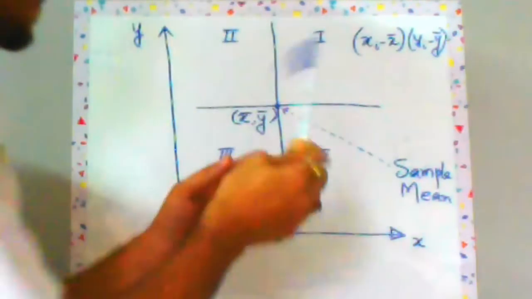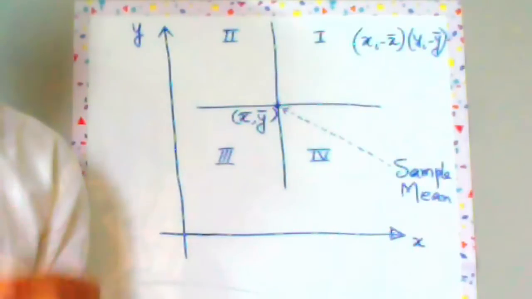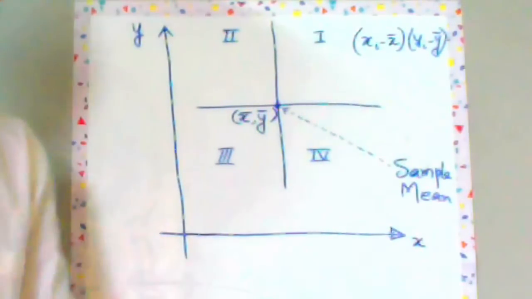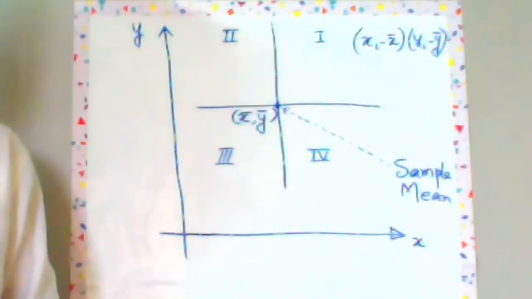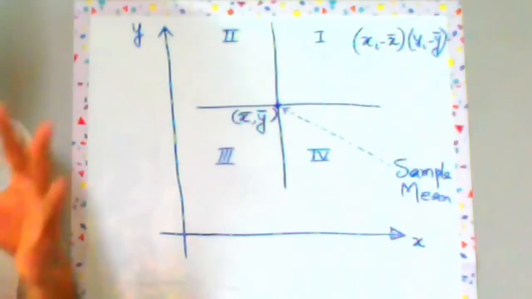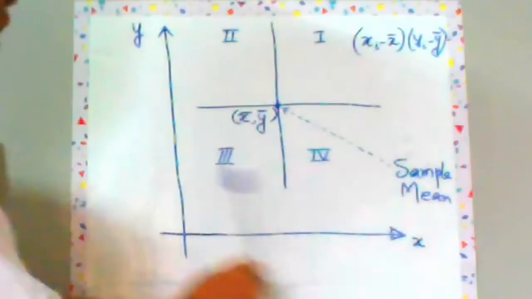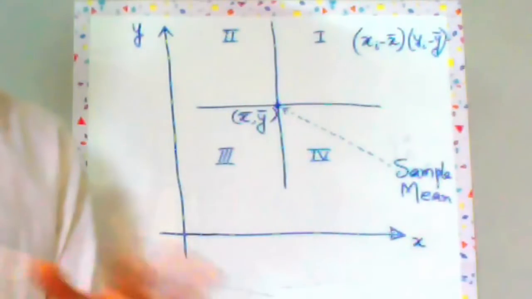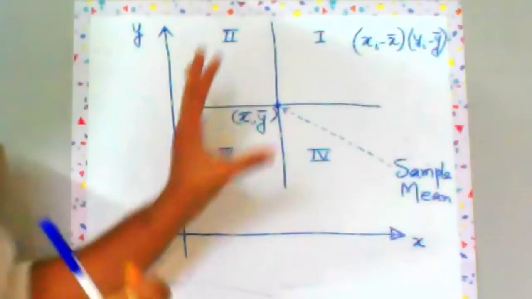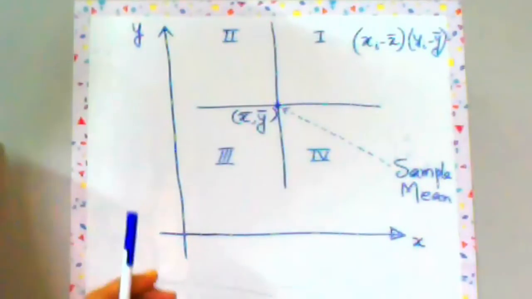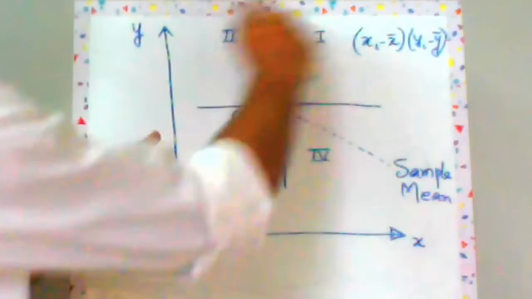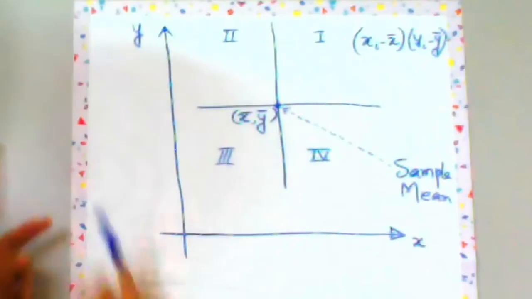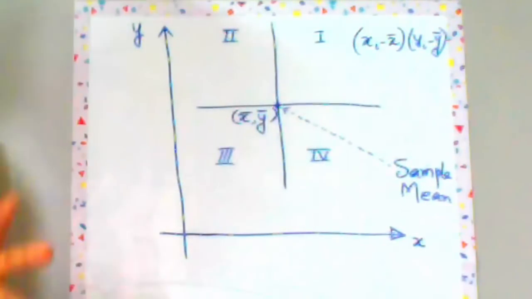And if you come here, both x and y are lesser than their means. And over here, x is greater than its mean, but y is lesser than its mean. This is a kind of quadrant division in your xy system. But this is not a normal quadrant division, because a normal Cartesian coordinate system division would be something like this: the top right would be 1, then 2, 3 and 4. So this is a modified kind of quadrant for our analysis.